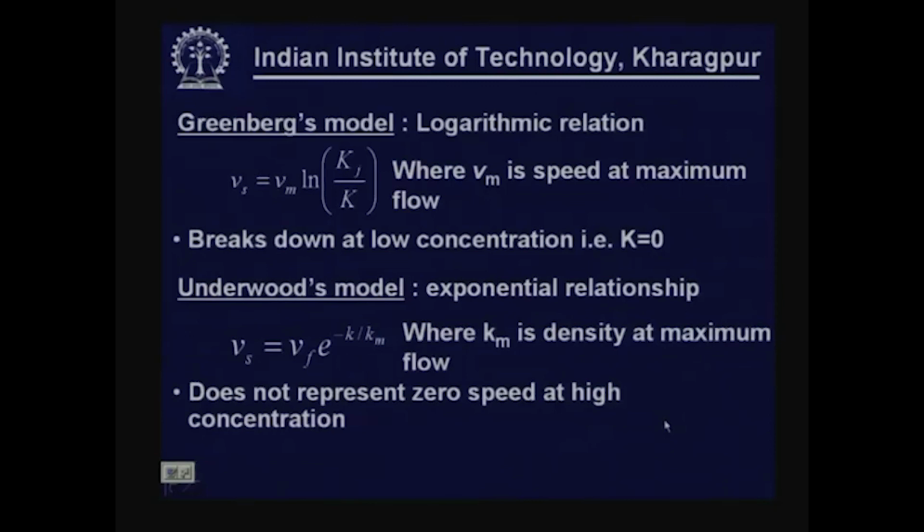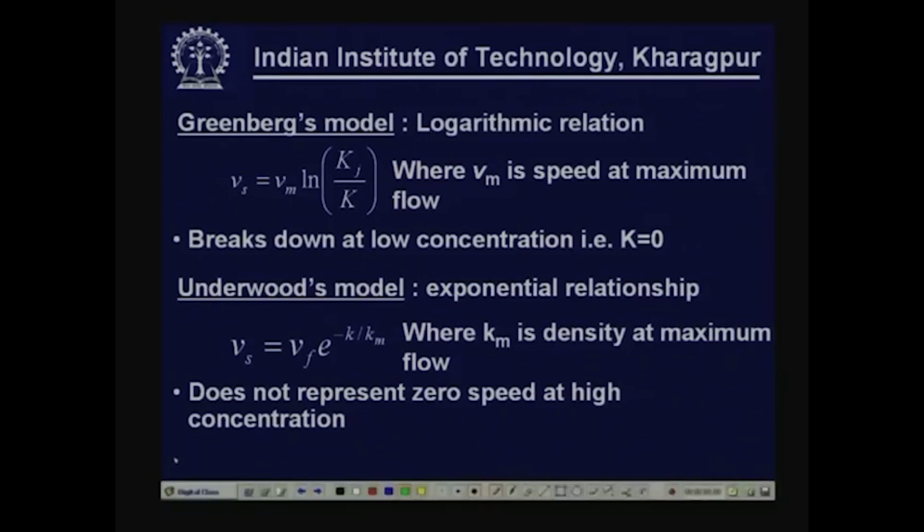Now, there are other relationships like Greenberg's logarithmic relationship and Underwood's model. There are a number of relationships that have been developed by researchers over a period of time. Some of the relationships I have shown here. This is Greenberg's model, a logarithmic model. You can clearly see from this equation that it breaks down at low concentration when k equals 0.